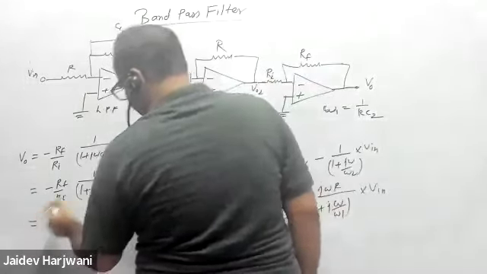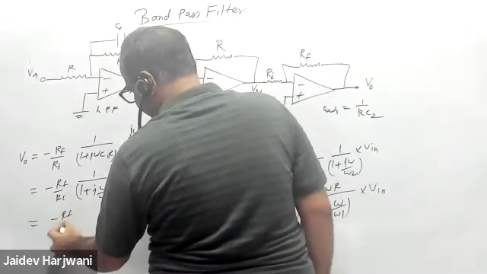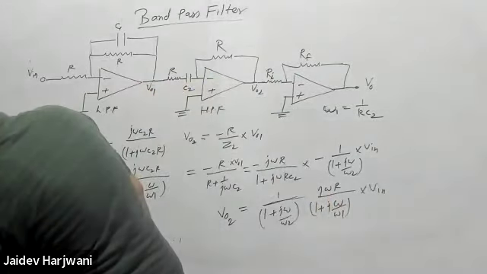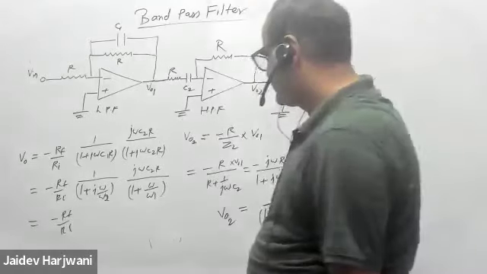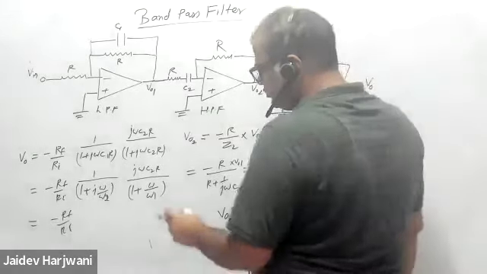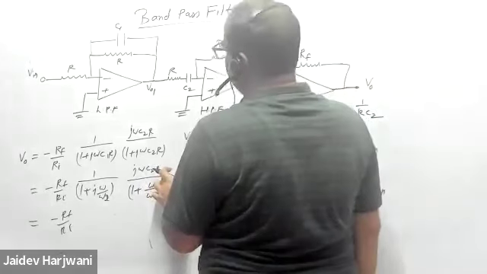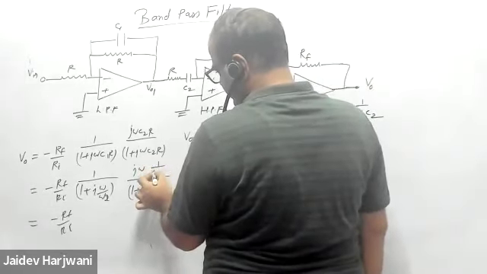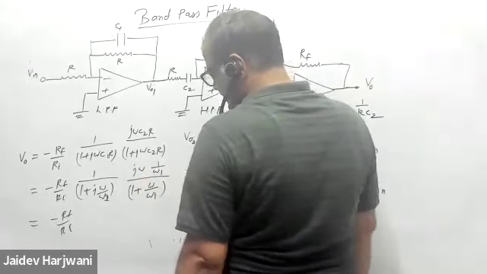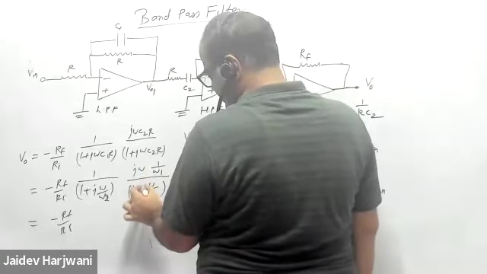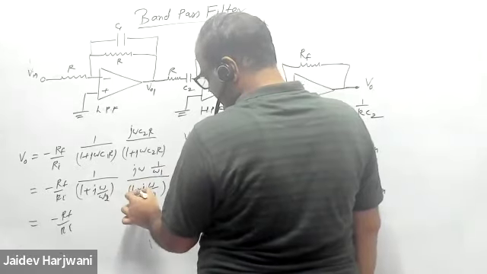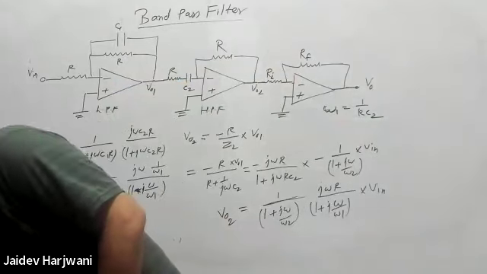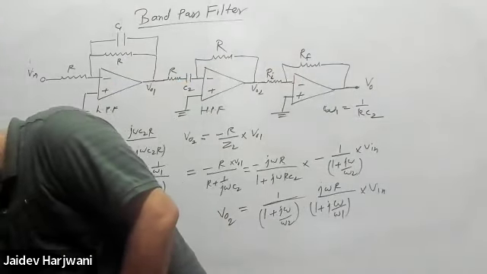If you want, you can solve it further. Minus RF by RI. C2R is what? C2R is 1 by omega 1. So now if you put omega 1 here, you can make minus. If you put j here, you can make minus. Plus or minus?